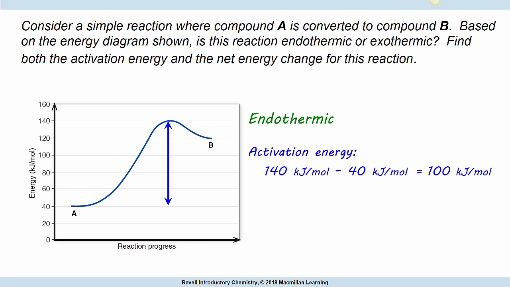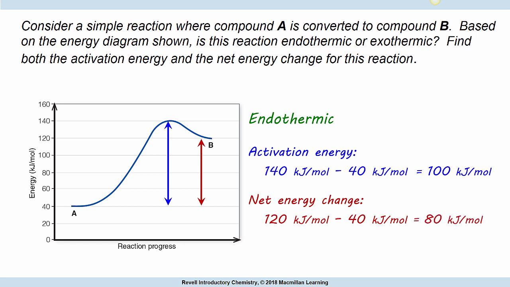Because this activation energy is greater than 40 kilojoules per mole, this reaction will not take place without heating. The net energy change for this reaction is the difference between the starting material and the product. The net energy change equals 120 kilojoules per mole minus 40 kilojoules per mole, or 80 kilojoules per mole.